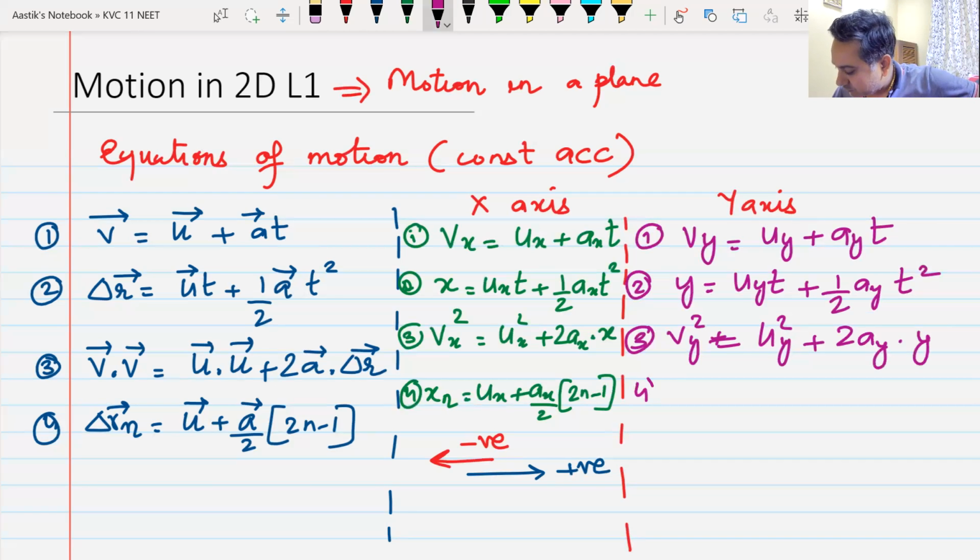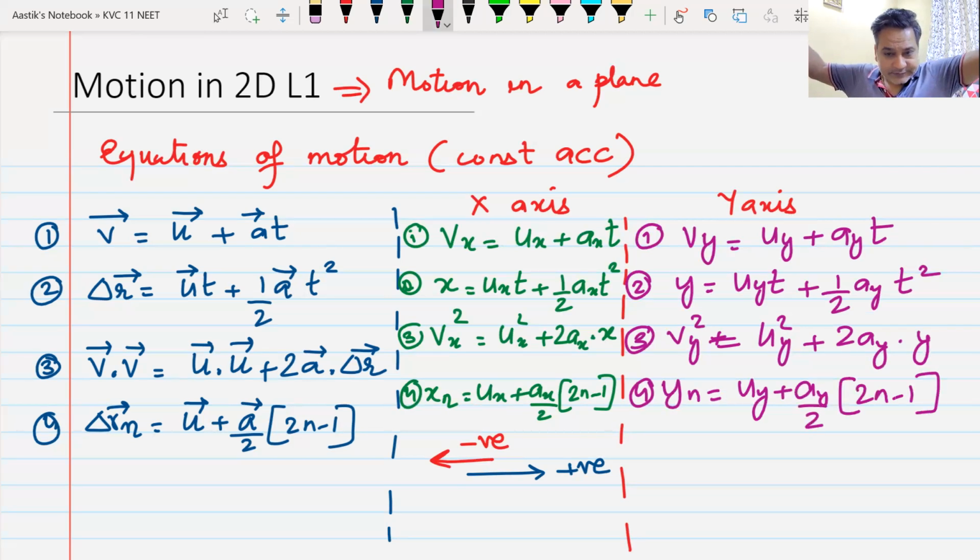Okay. What about the fourth equation here? Yn is equal to uy plus ay by 2 into 2n minus 1. So here we come.